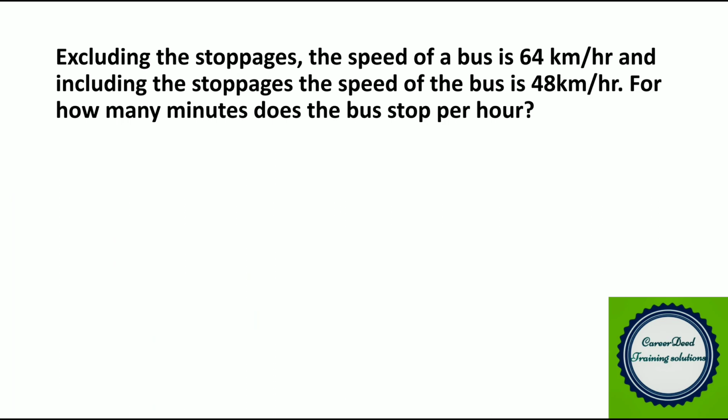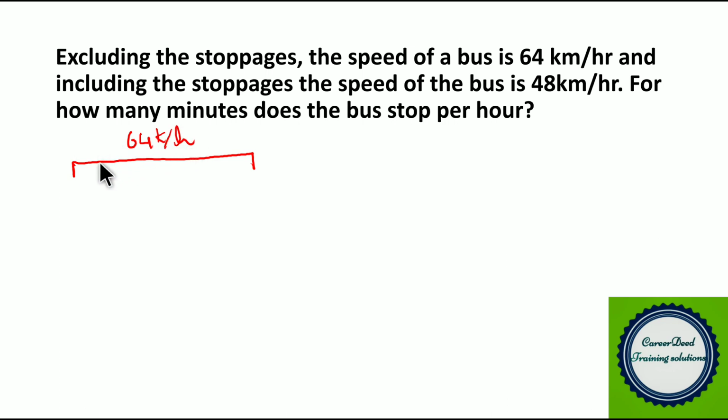Now moving to question number 14. Excluding the stoppages, the speed of a bus is 64 km per hour, and including stoppages, the speed of the bus is 48 km per hour. For how many minutes does the bus stop per hour? Okay, excluding the stoppages, the speed of the bus is 64 km per hour. In 1 hour the bus moves 64 kilometers because the actual speed of the bus is 64 km per hour.